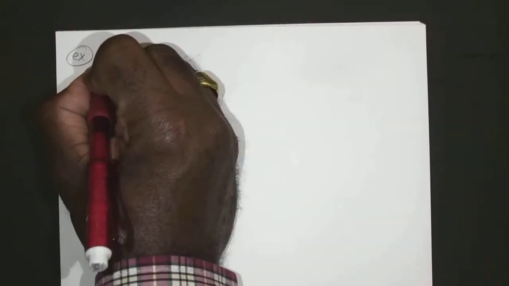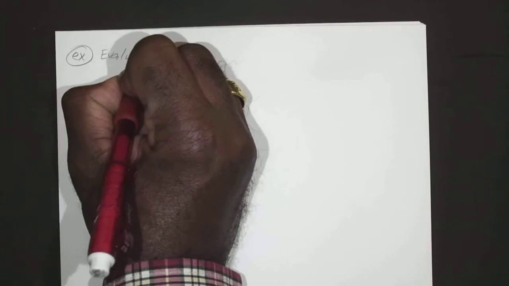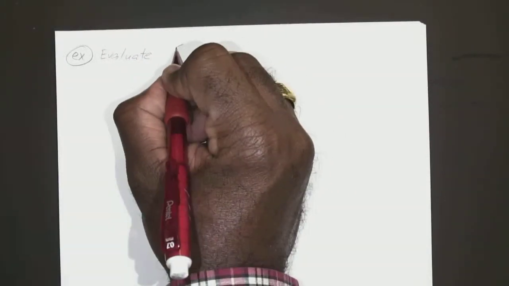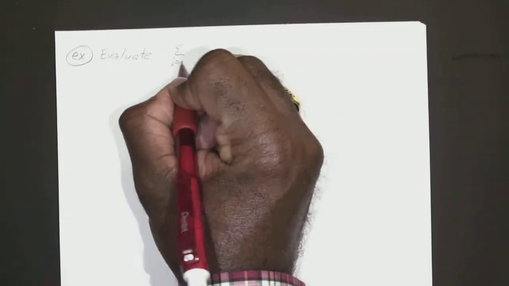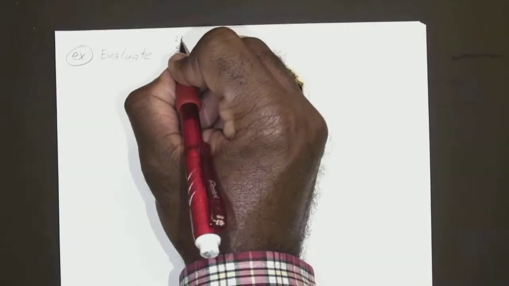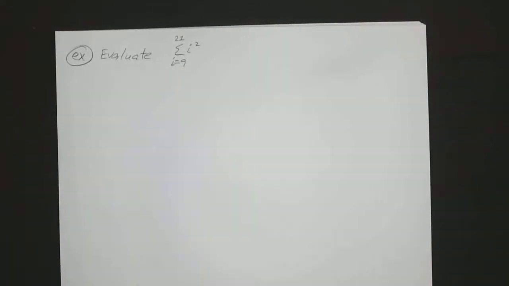Okay, so we'll do one more example and then show you why we started with these in the first place. Let's say you want to evaluate the sum from i equals 9 to 21 of i squared, using just the properties and formulas.